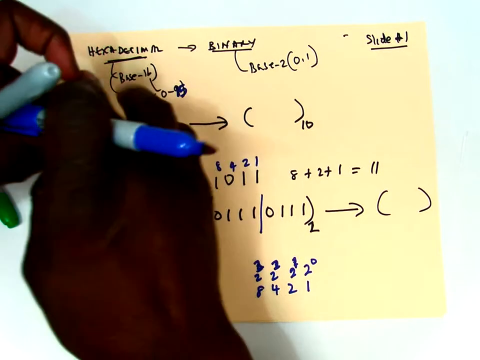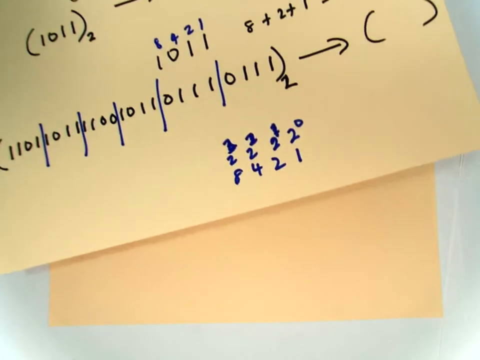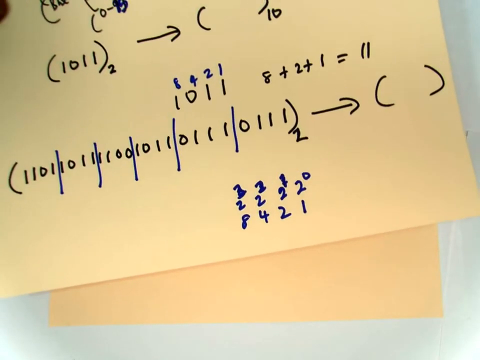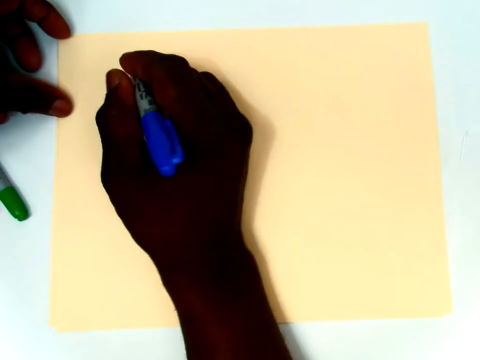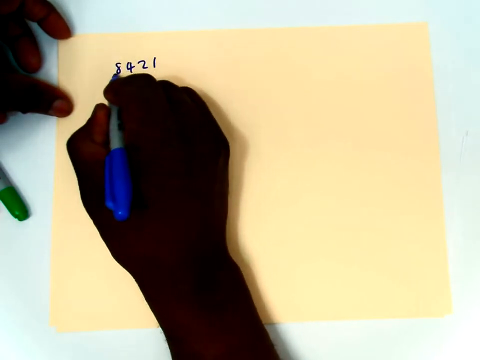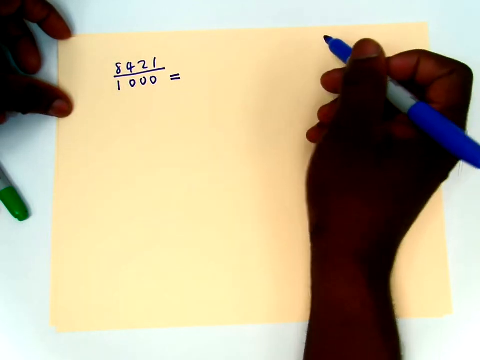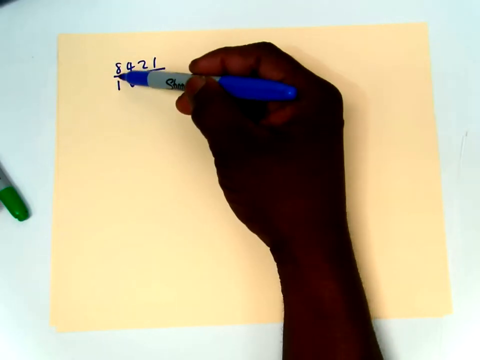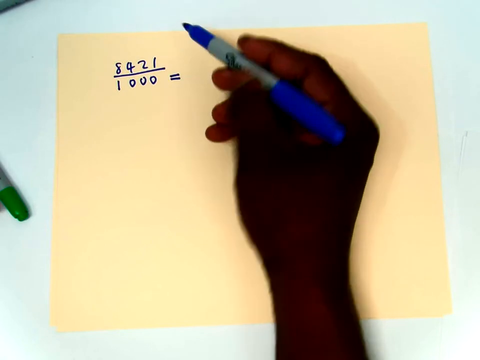So in slide 2, we need to prove that. I want everybody to see that the first 4 bits will give us a number between 0 to 15. Let's prove that. Okay? Remember, we have 8, 4, 2, 1. I want everybody to be able to do this. Suppose I have 1, 0, 0, 0. What does this mean? It means 8 is there, 4 is not there, 2 is not there, 1 is not there, so that means 8.